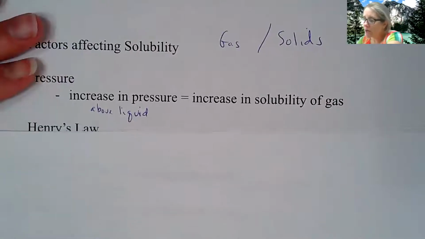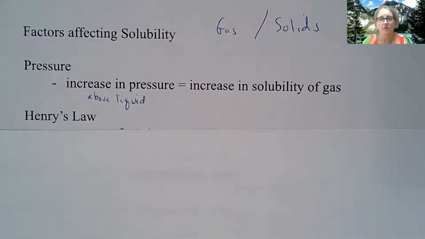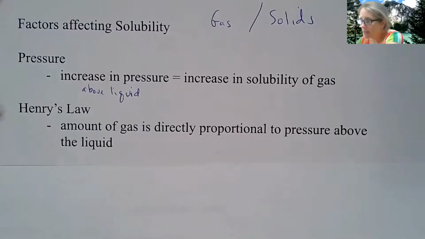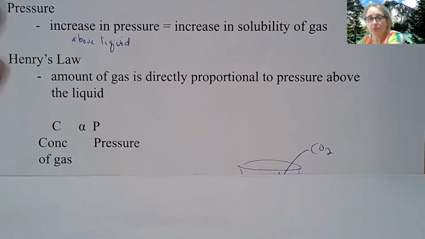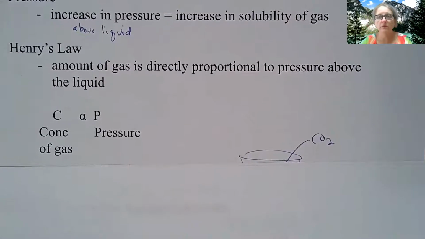So there is a law associated with it. It's called Henry's law. I'm not going to spend too much time on it, but he found that the amount of gas is directly proportional to the pressure above the liquid. So as you increase the pressure above that liquid, you could get more gas to dissolve. So you could increase the concentration of the gas.